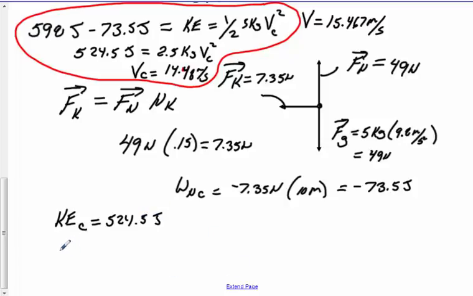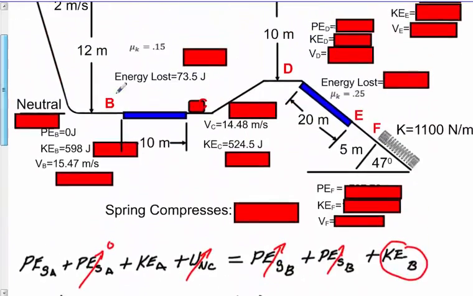Again, I can go ahead and write my equations. I know my gravitational potential energy at C is 0. We'll go ahead and cancel that out right now. Plus my kinetic energy at C, plus the work done by non-conservative forces. And again, we know there's no work being done by any non-conservative force.